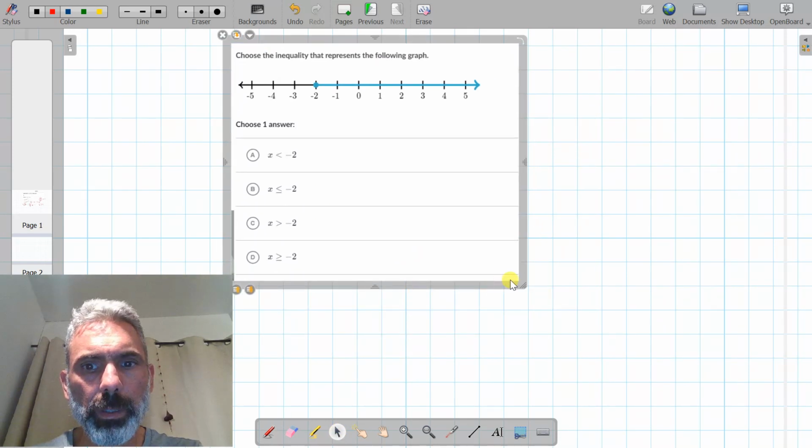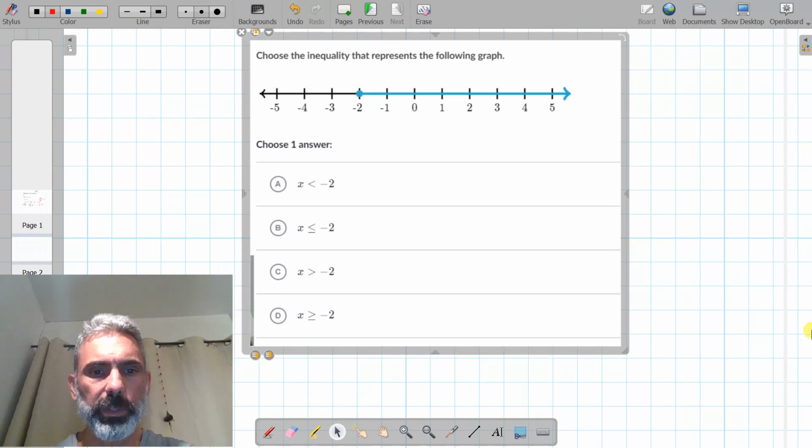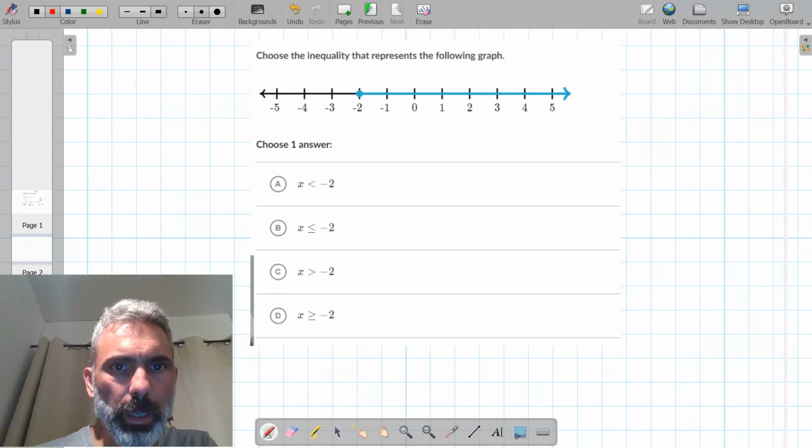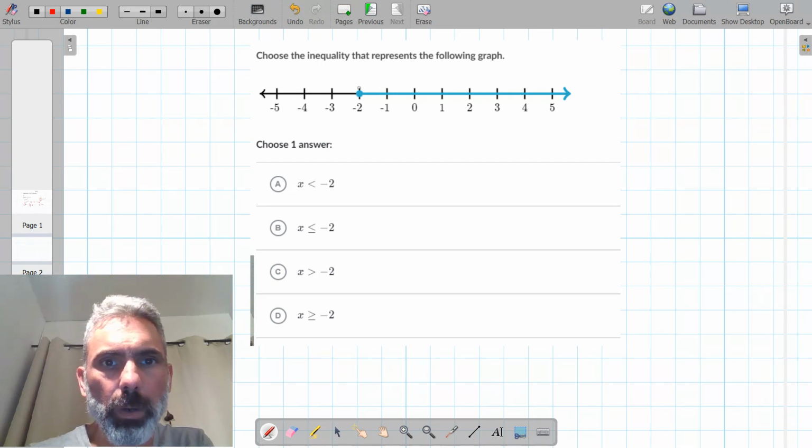Choose the inequality that represents the following graph. Okay, so we see a solution set that has all the numbers that are greater than or equal to minus 2.